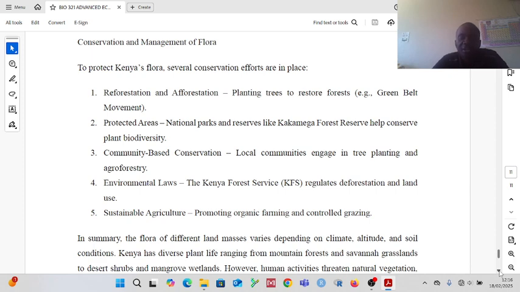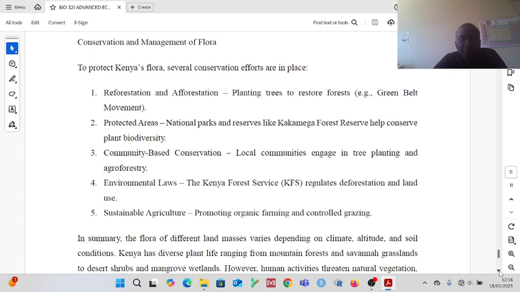So promote organic agriculture. Organic agriculture, you don't use fertilizers, no chemicals. So which means you are reducing pollution. You come up with ways on which you can control grazing. Controlling grazing means beginning with determining how many animals you can keep on a particular area.